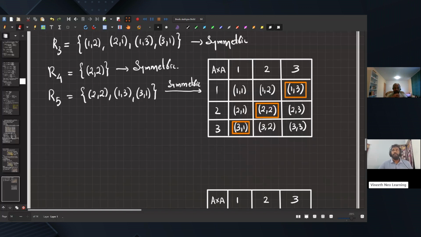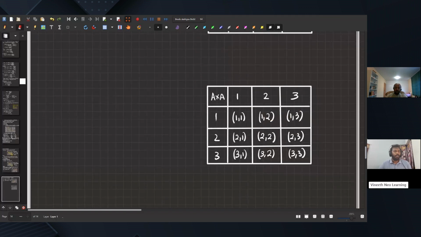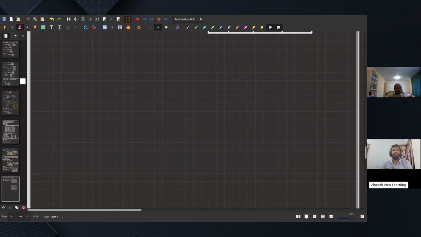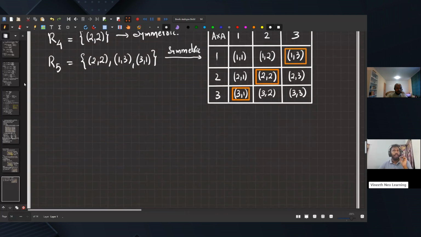Okay, Joe, let's move on to our final case, transitive relation. I want to discuss it in detail. It's a very important case, and we are going to discuss transitive relation in a really new way.